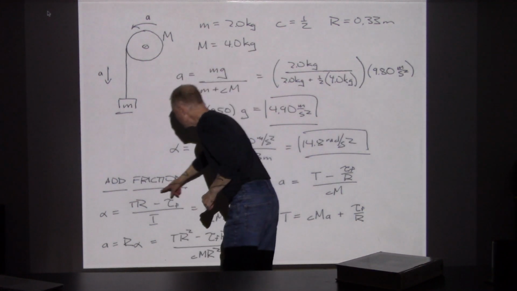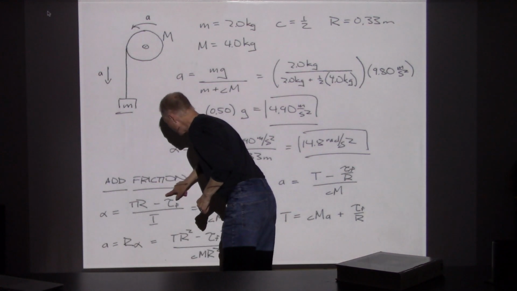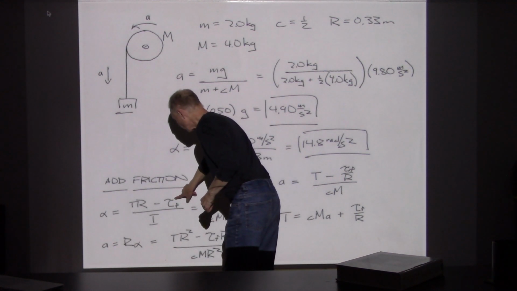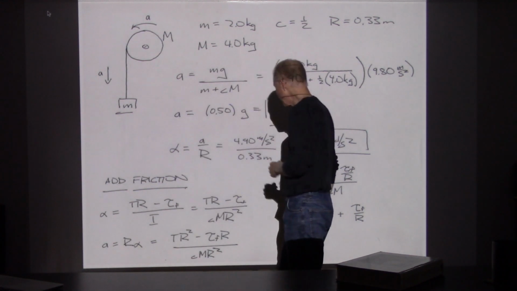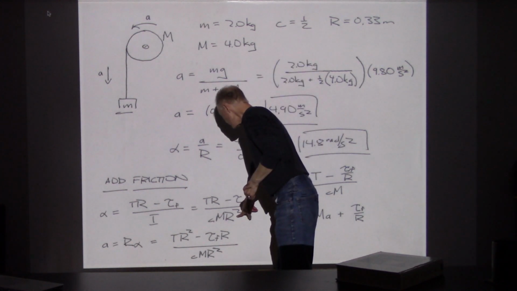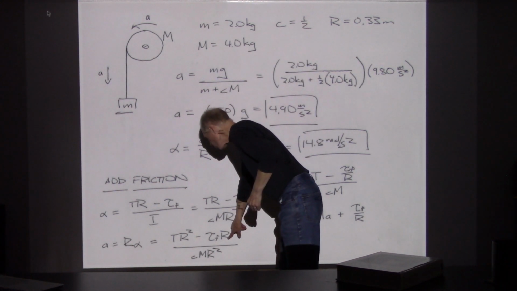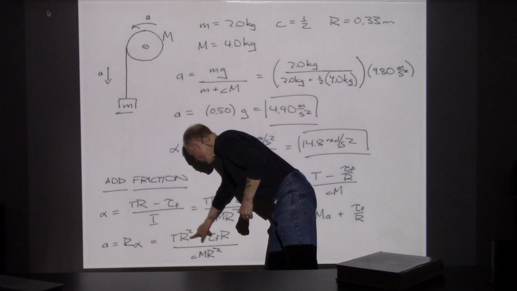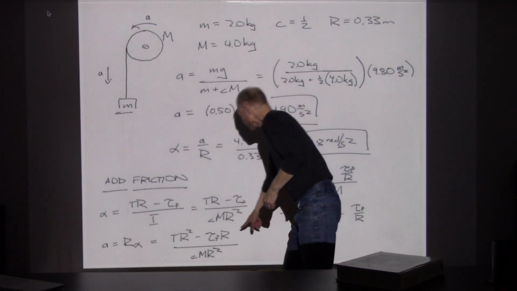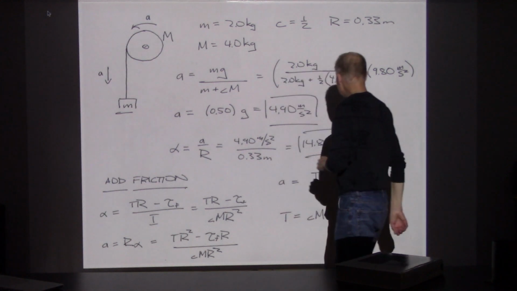If you remember, that would create an additional torque at this point, so I have to subtract off the friction. I still use the shape factor approach. When I got to this step, the r squareds canceled, but the right side only had one factor of r.